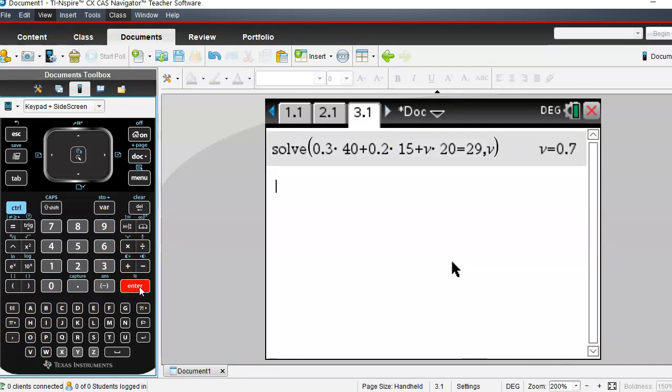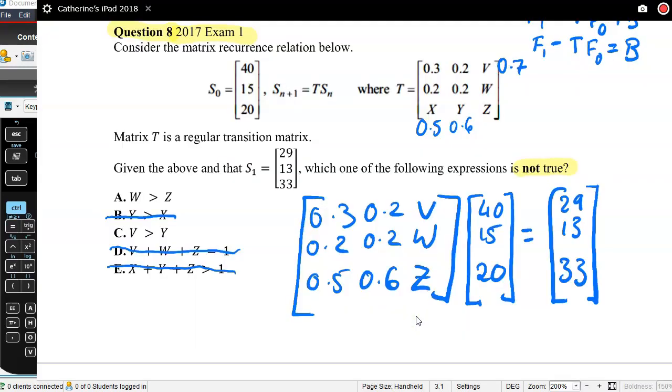Enter. So v equals 0.7. Well, that actually gives me enough of a clue, doesn't it? v is 0.7, so v is greater than y. So that's true, so we can cross that off.